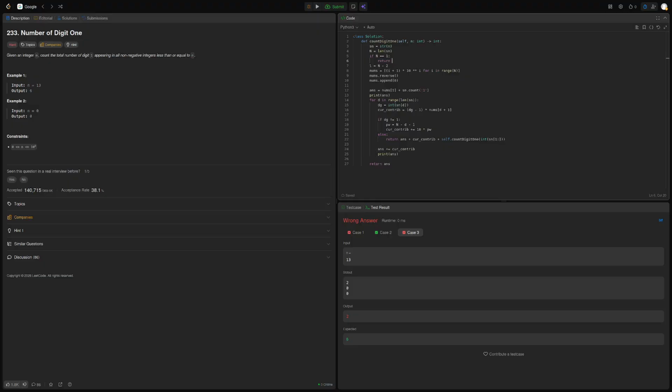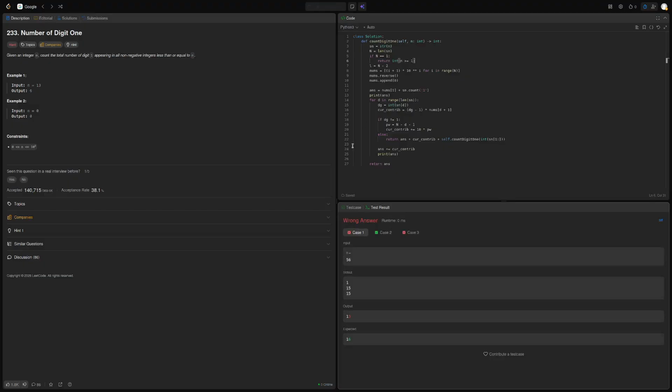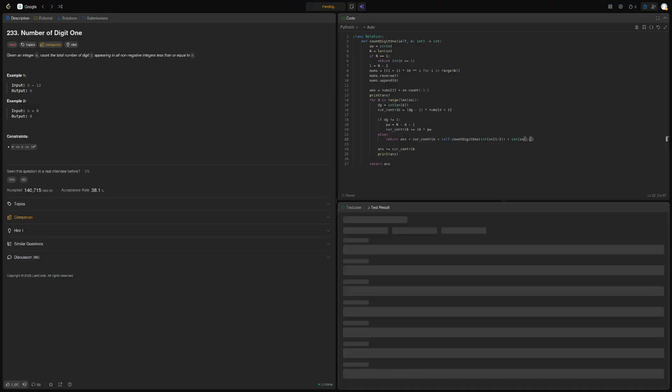If n is 1, then we return 3. So how many digits was there, and then plus int sn1.